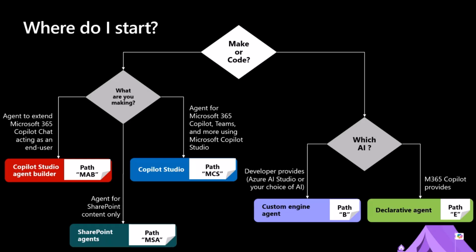And you can also publish agents that you create with Copilot Studio using multiple channels, including, for example, Skype, Slack, or many more. More than 10 different channels are available right now. So you can create something which is much more reusable compared with an agent that simply targets the Microsoft 365 Copilot Chat.